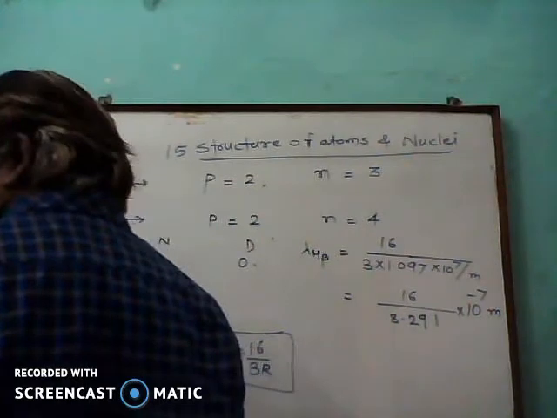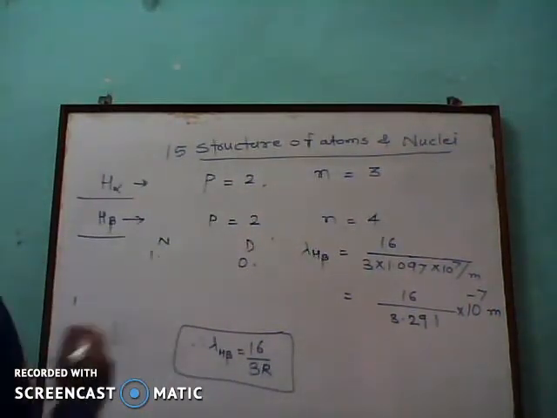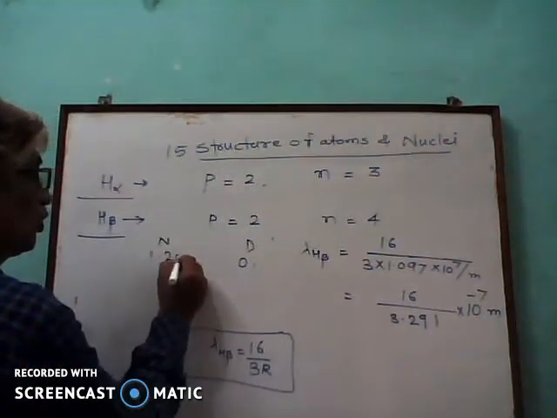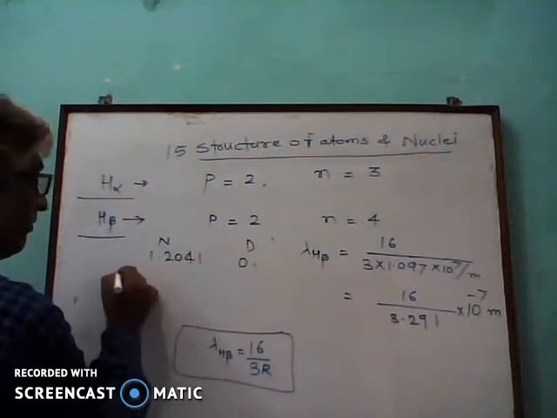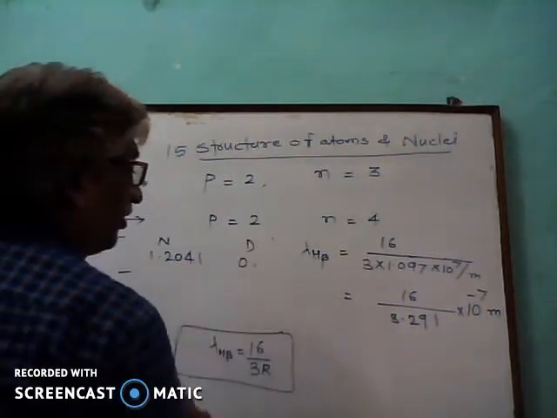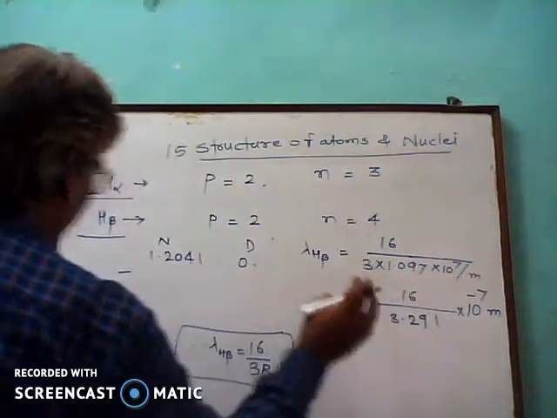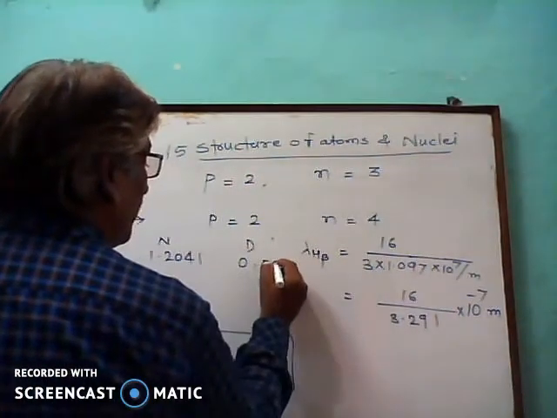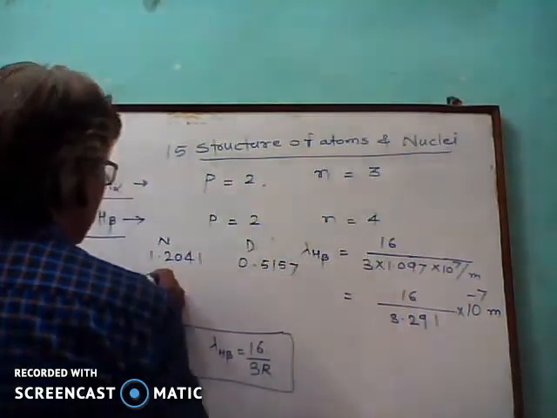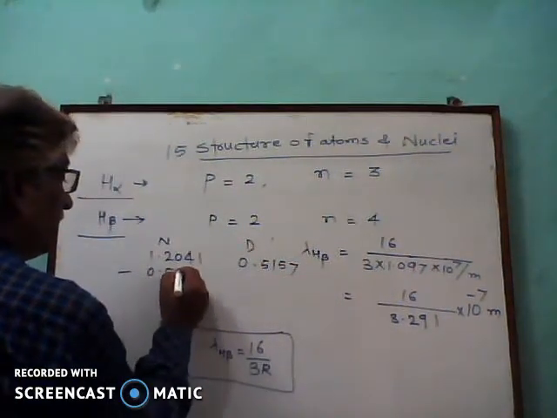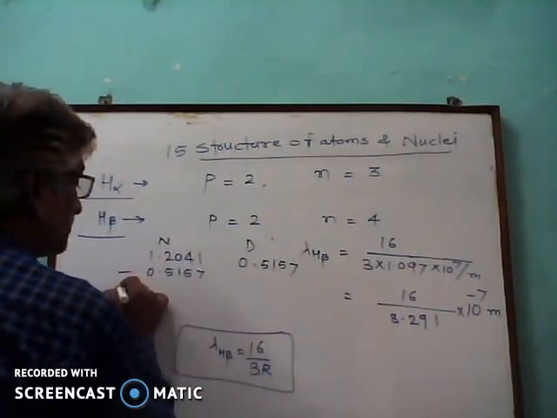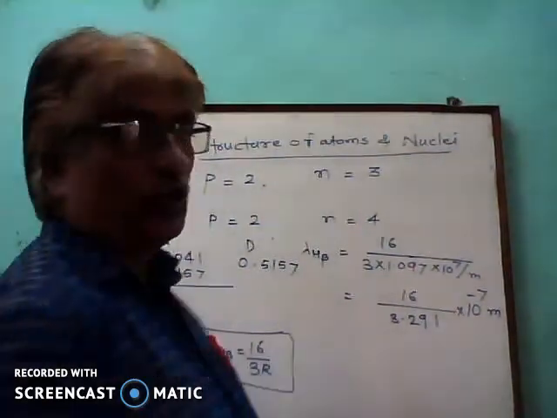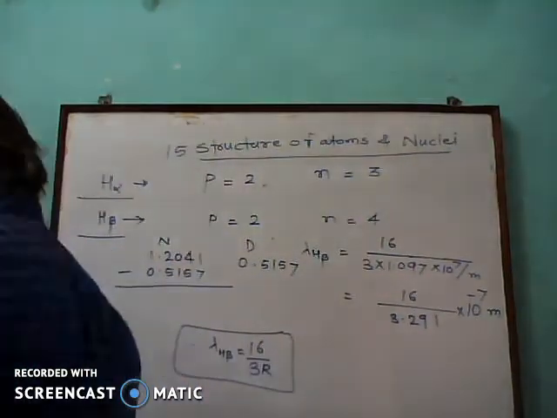If we see 16, its log will be 1.2041, minus the denominator's log, which will be 0.5157. So 0.5157 can be subtracted from 1.2041.